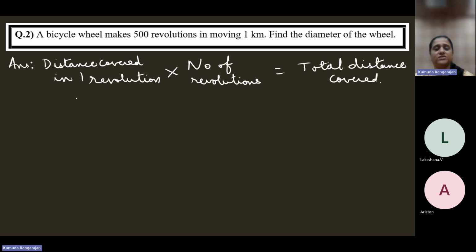Now, what is the distance covered in one revolution? 2 pi r. And the number of revolutions? 500. And the total distance covered? You want to keep it as 1 kilometer. You should convert it to meters to understand the final answer better. But if you keep it in kilometer also, it's fine. It's not that you should not do it.